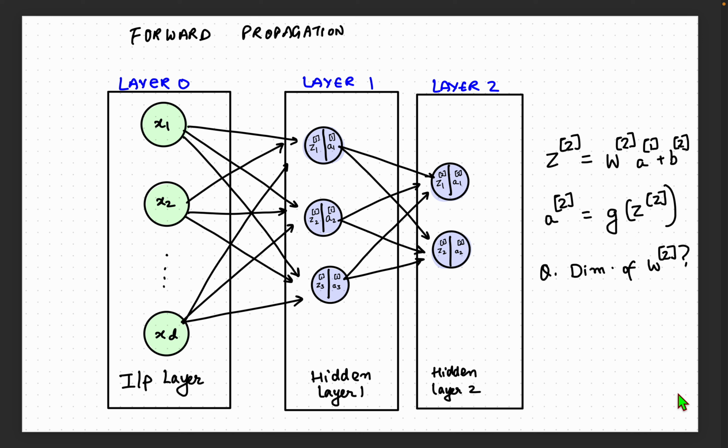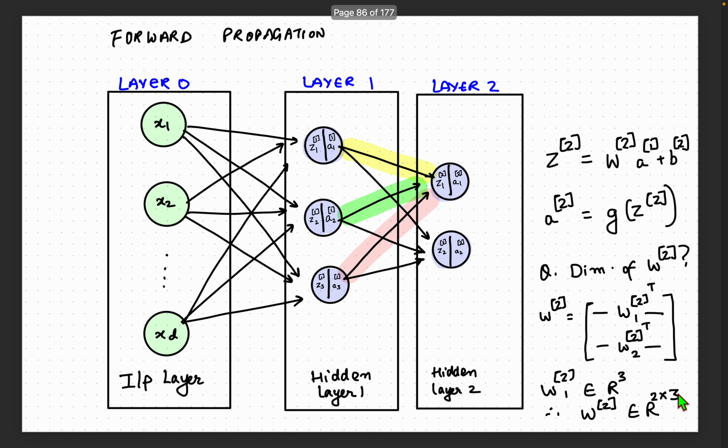How many of you think it is? Okay, so it is going to be either 3 cross 2 or 2 cross 3. So is it 3 cross 2 or 2 cross 3? 2 cross 3, because the first dimension denotes the number of nodes in the current layer. That's why it is 2 cross 3.